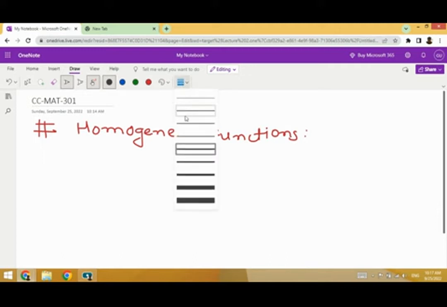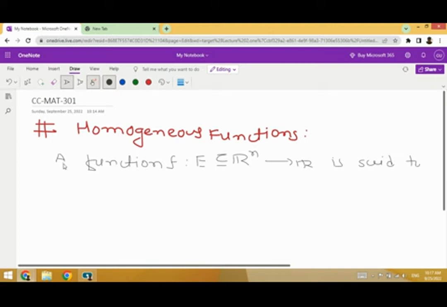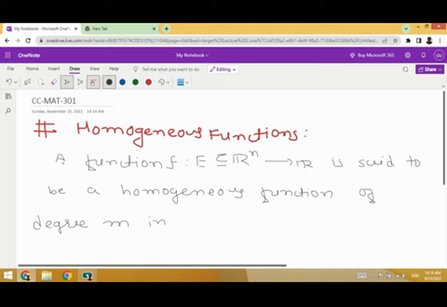A homogeneous function is basically a function f from E, which is a subset of R^n, to R, said to be a homogeneous function of degree m if f of tx is equal to t raised to m f of x.